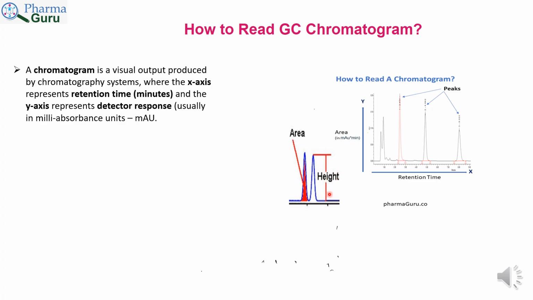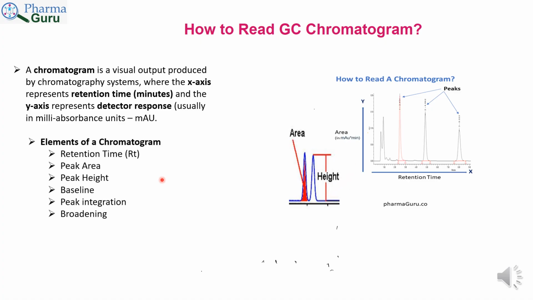This is the peak height or height of the peak. Components of a chromatogram. Retention time, the time at which a peak is eluting is called retention time of that peak.